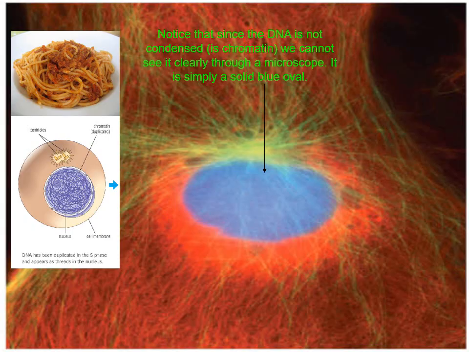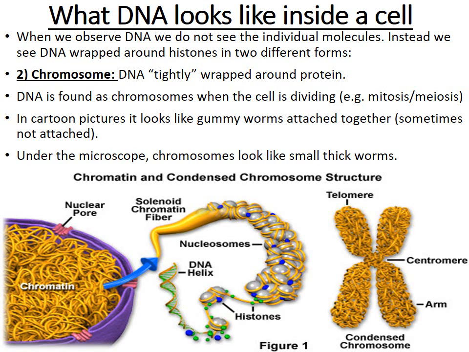So here's our chromatin in a cartoon, and here's our chromatin under a microscope. It's the blue stuff, and it's nice and smooth because, again, the chromatin is very thin. You can also find DNA in the form of chromosomes. They can look like this, or they can look like this.